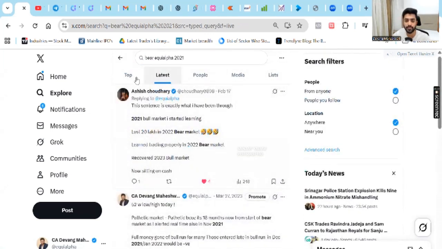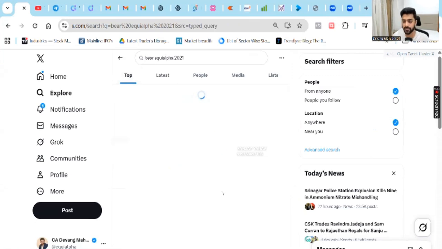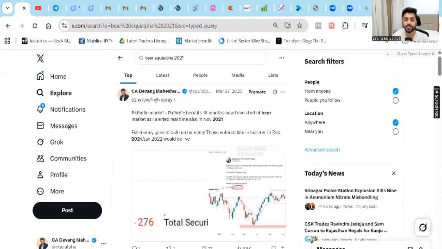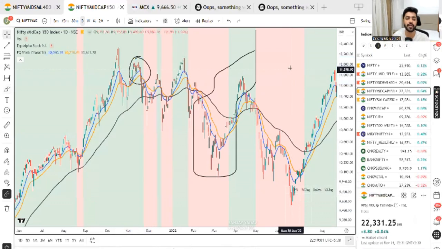Somewhere not coming, I have to search for them previously, but yeah, this is where I developed an expectation that next 1 year I may not make money.